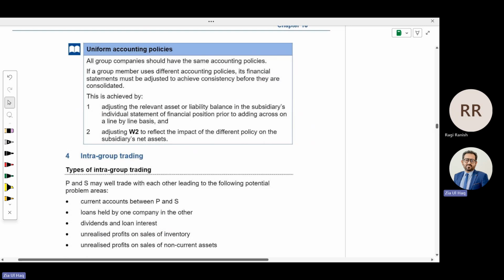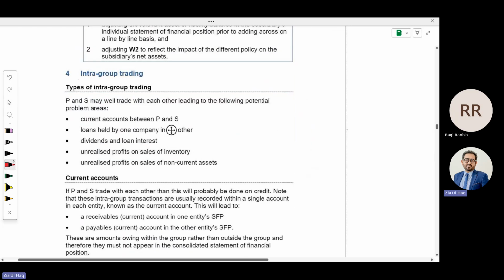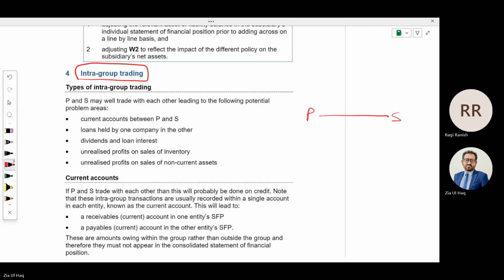Uniform accounting policies. Okay, let's move towards another concept, intergroup trading. Parent company, subsidiary company. Parent company sold some goods, being inventory, to subsidiary for say 150.